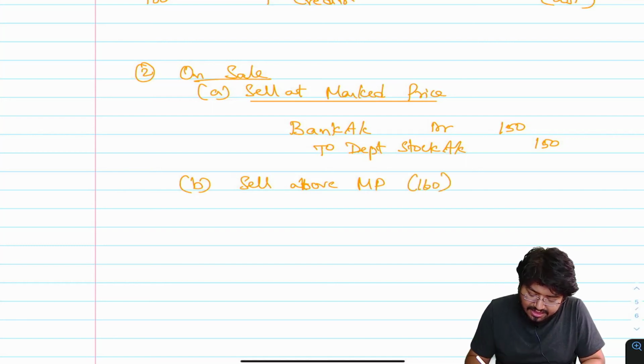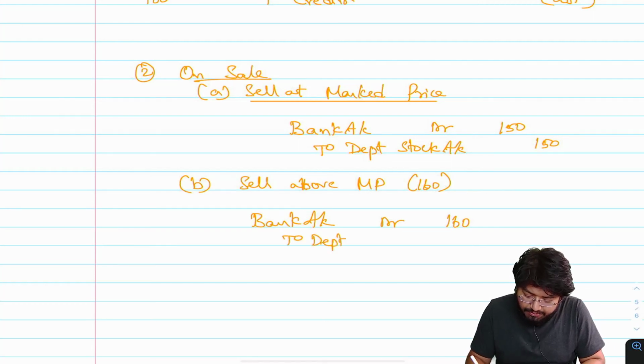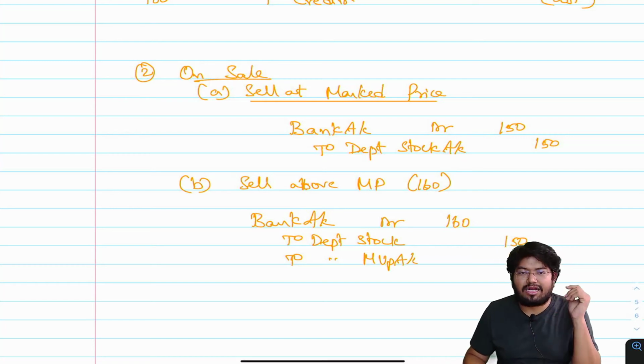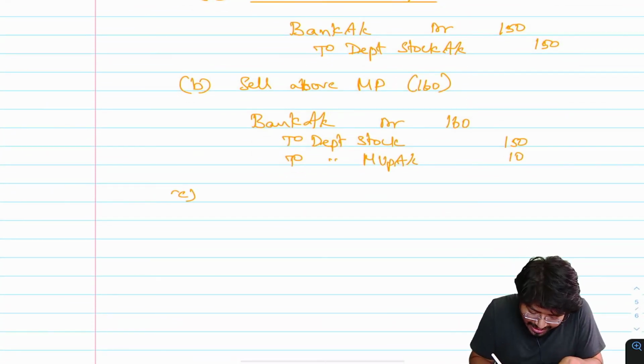In such case, bank account debit 160, which is what I am receiving from the customer, to department stock account 150, to department markup account the remaining 10 rupees, the extra 10 rupees which I have earned now. This is the markup.